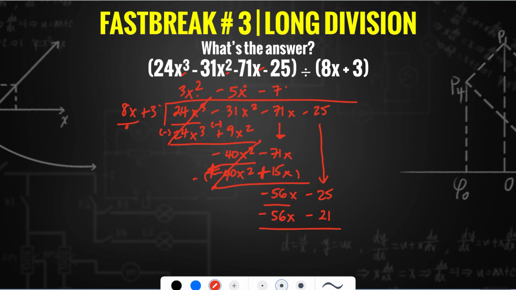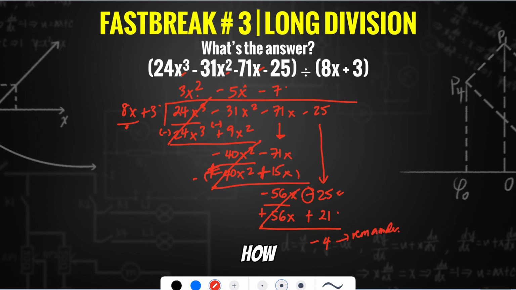And then subtract, therefore changing the sign. So, negative 56x plus 56x, that's 0 or cancel. And then negative 25 plus 21, we have negative 4. Integers, negative and positive: follow the sign of the larger number. So negative 4 is your remainder.